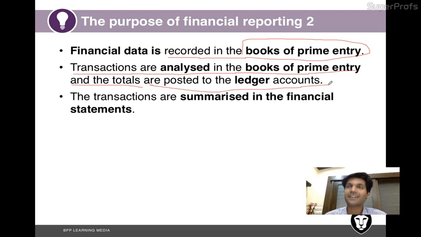This you will understand later on when I talk about what the books of prime entry actually are and what the ledger account is. So what you need to understand is first we record everything in the books of prime entry. Then we analyze it and total the books, and the totals are posted to the ledger accounts.